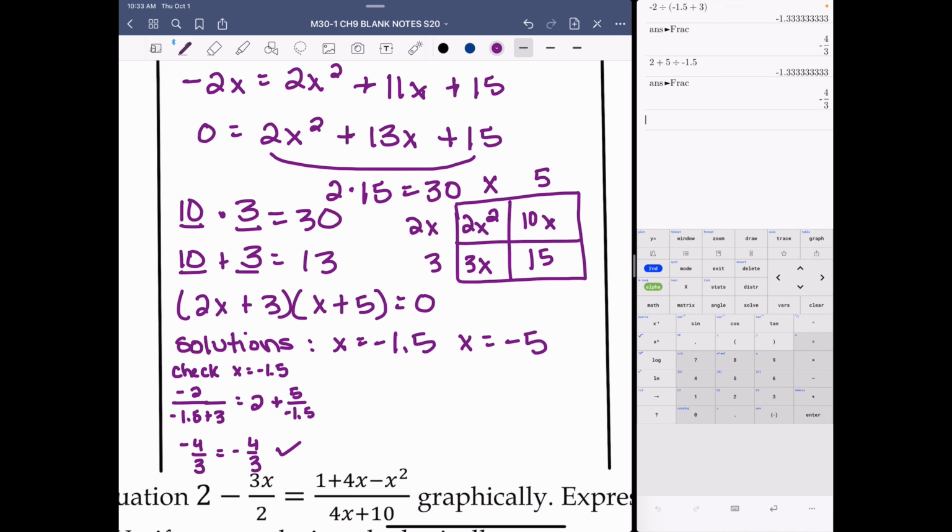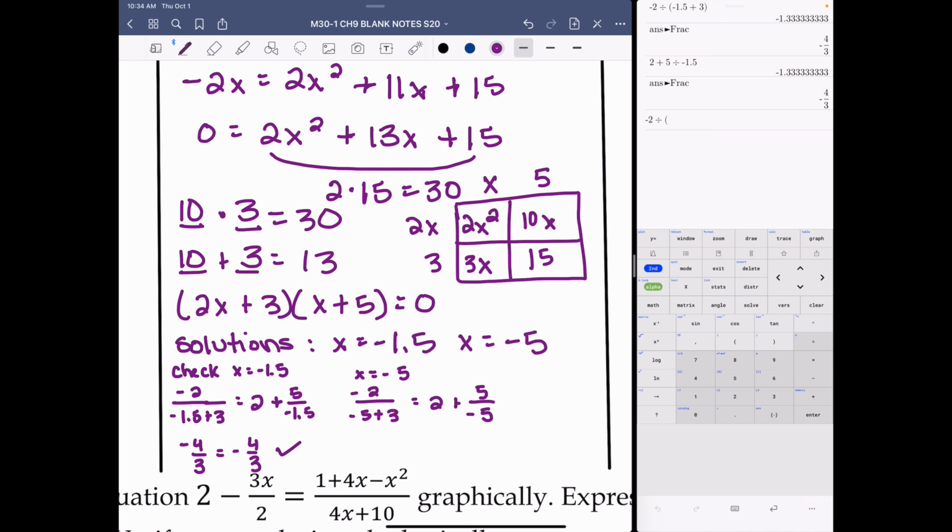And then checking x equals negative 5. Negative 2 over negative 5 plus 3 equals 2 plus 5 divided by negative 5. Negative 5 plus 3 is negative 2, so we should have negative 2 divided by negative 2, which should be 1.